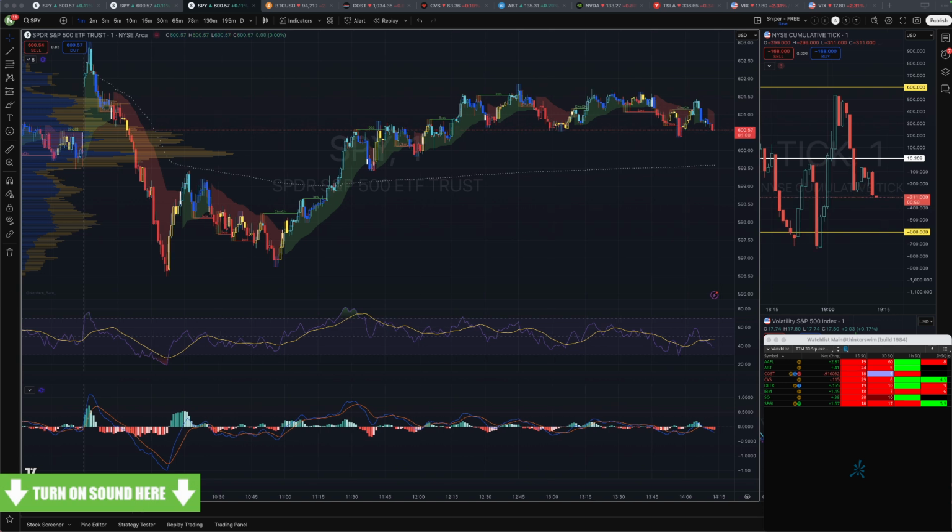OCO stands for other cancels other, which means if my stop loss gets taken out, then my sell order also gets taken out, so that if that order sits in there and I don't realize it, and then it gets up there, I'm going to be short one contract. Does that make sense? So once I'm in that, it'll either stop me out or it'll take profit.